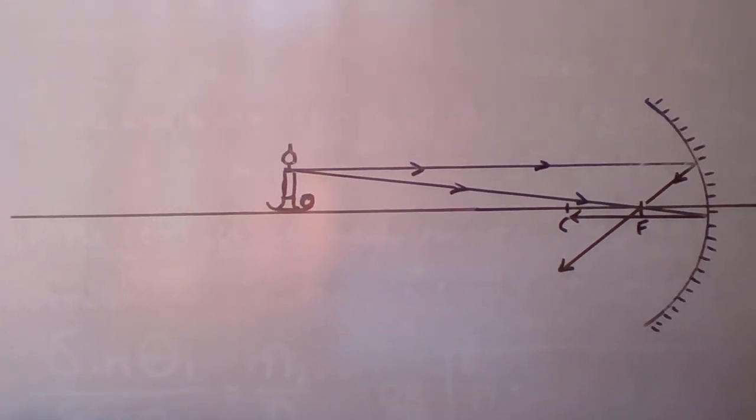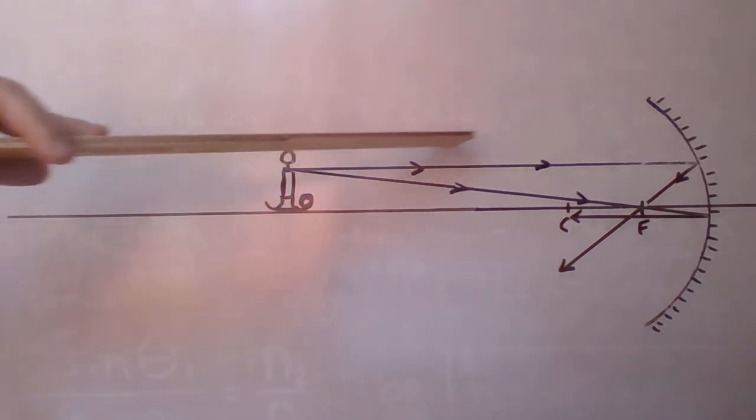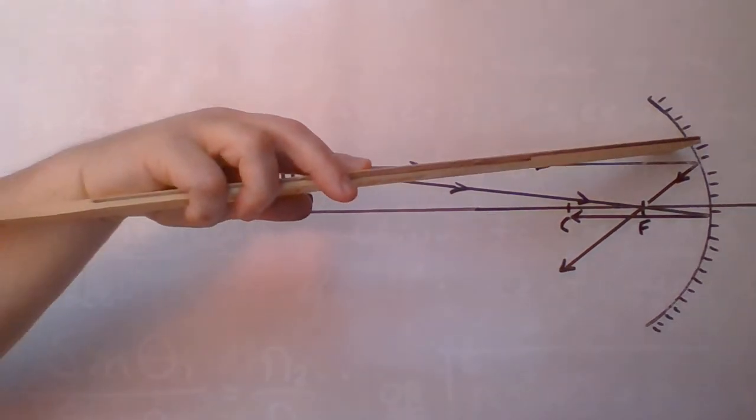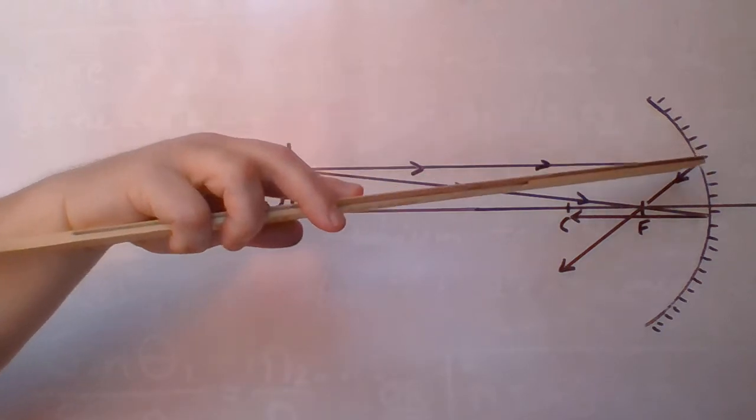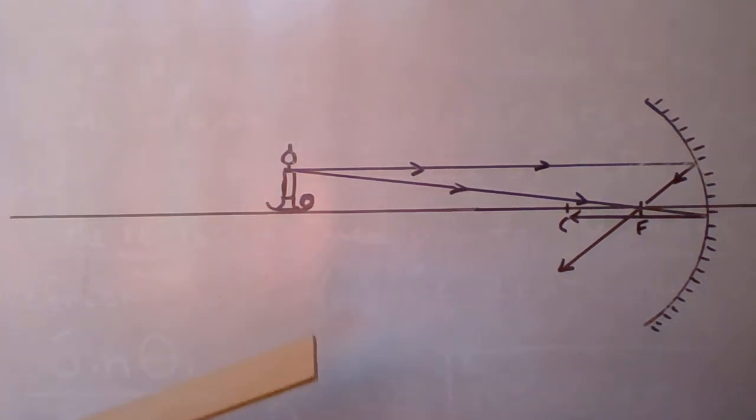Okay, you see we've got the one coming out parallel to the principal axis, and it gets reflected back through the focus point, comes off here into space.